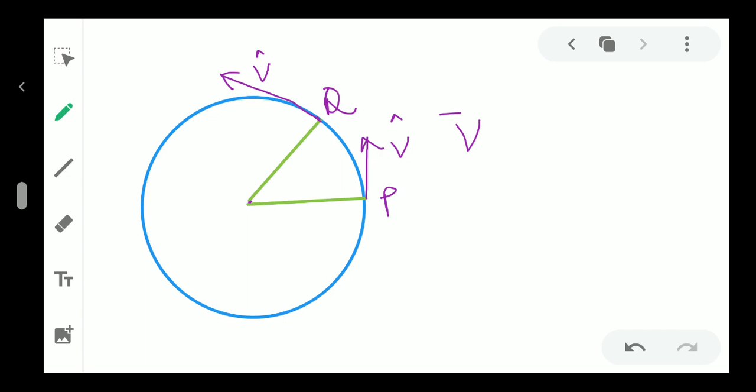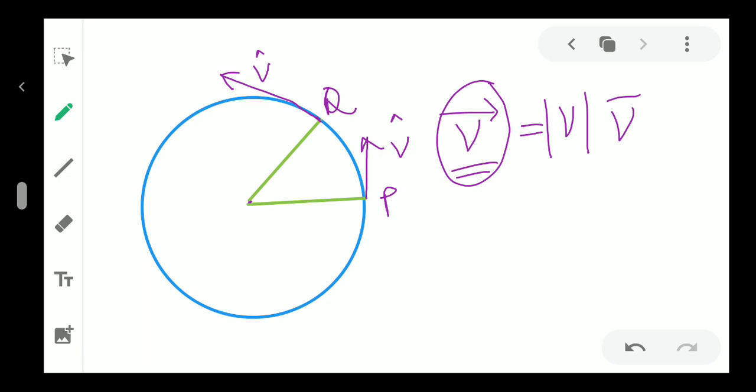So the V vector is not a very good thing here to describe the motion, as the direction is changing. So the V vector itself will change, because the V vector consists of value and direction. So as the direction is changing, obviously the V vector itself will change.